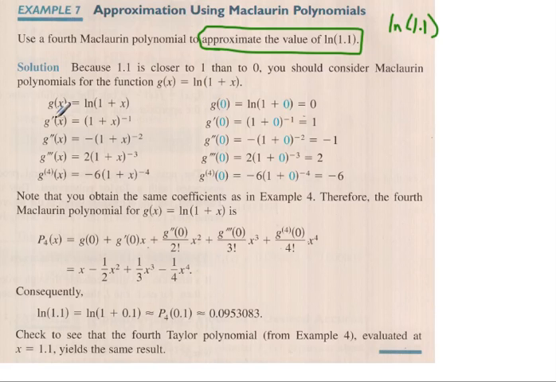So once again, we'll create a Maclaurin polynomial. So here's some derivatives. I think that those are all pretty easy for us to follow at this point. Notice how they left the parentheses here, though. So then we plug in. Notice how we're plugging into the function natural log of 1 plus x.